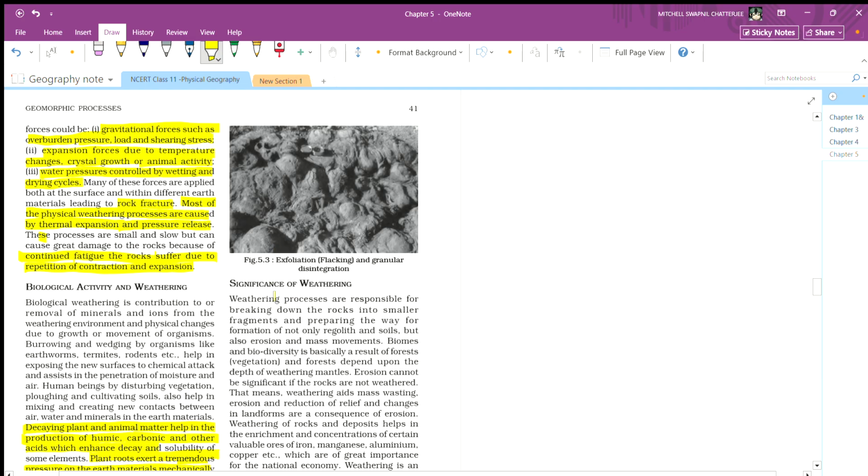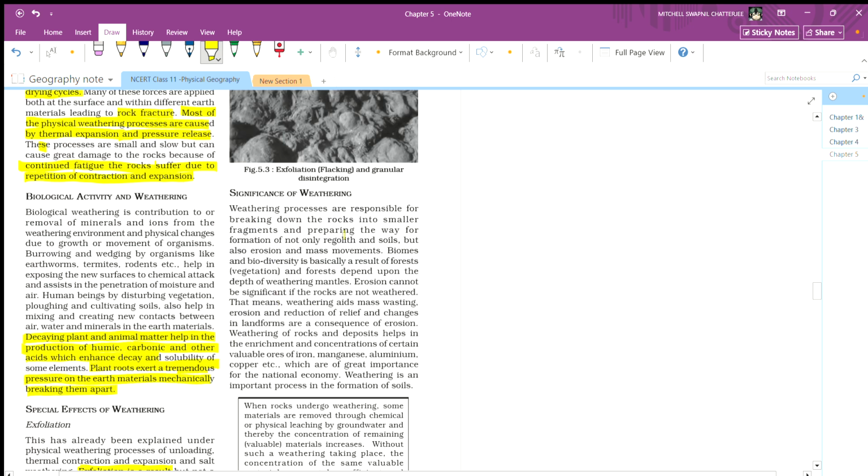Significance of weathering. Weathering processes are responsible for breaking down rocks into smaller fragments. The weathering processes are responsible for preparing the way for the formation of not only regolith and soil, but also erosion and mass movement.